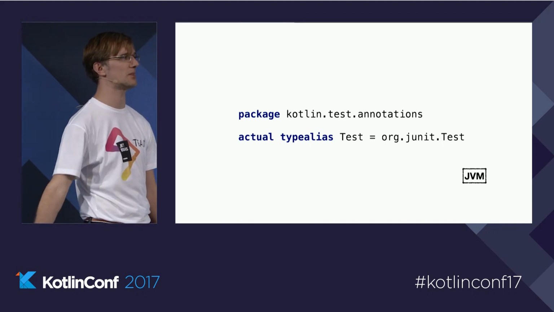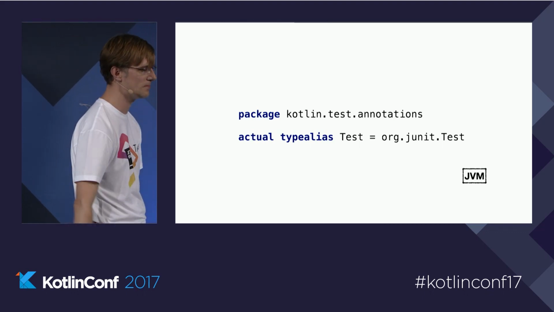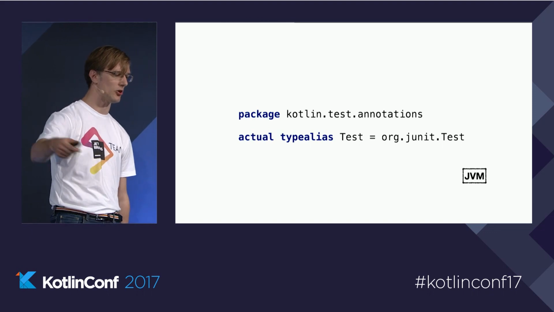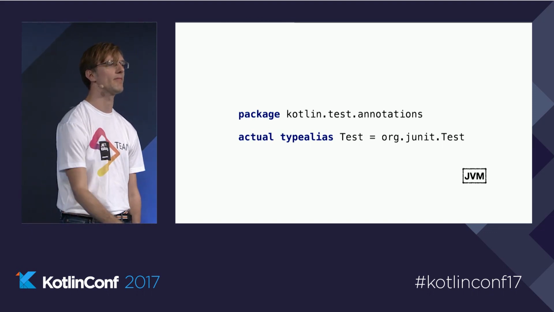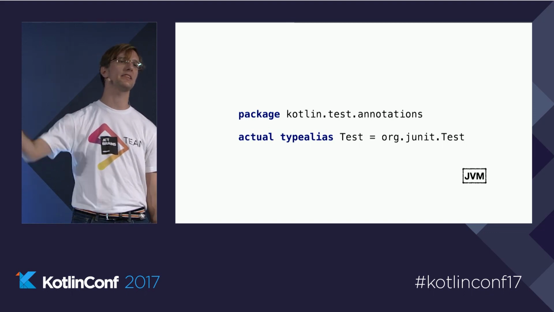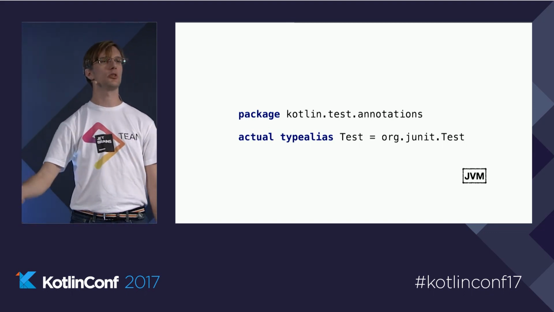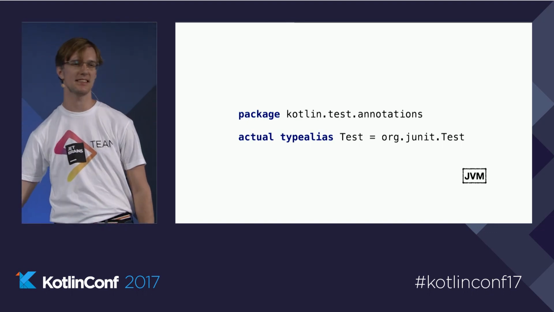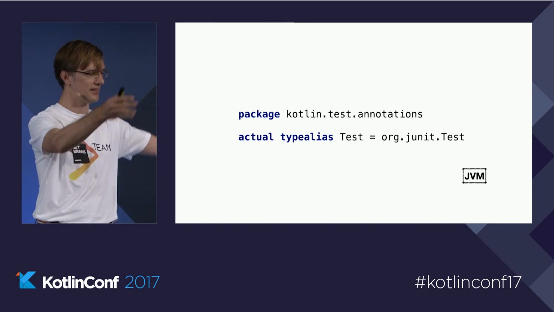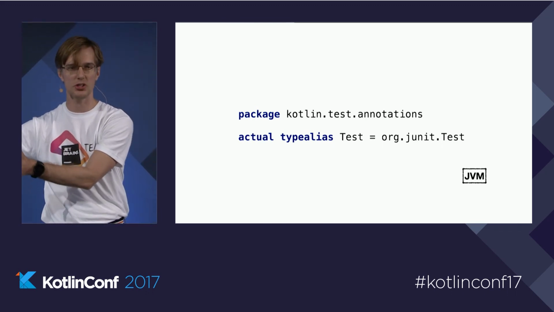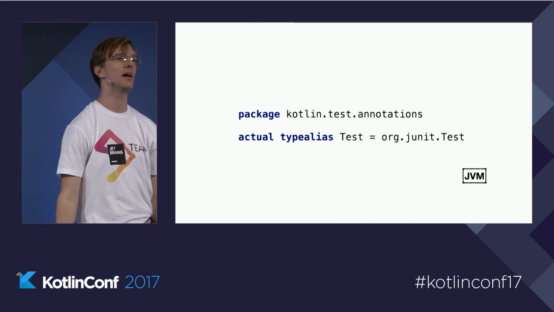It works perfectly fine for us, but it's not available on the JavaScript platform. So what we do here is define an expected annotation, kotlin.test.annotations.test. On the JVM platform, it's implemented not by a class, but by a type alias. Instead of writing our own implementation, we just point to an existing class and say that when someone asks for this test annotation, just give them an instance of org.junit.Test.